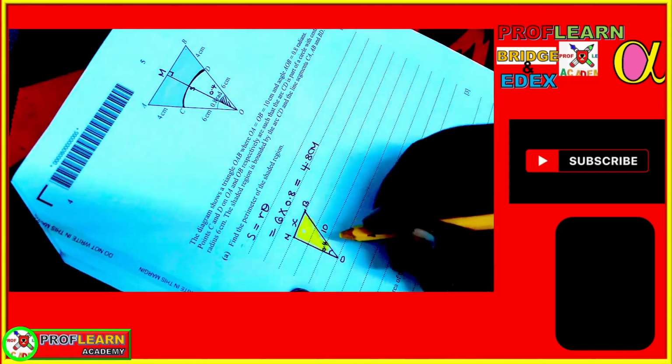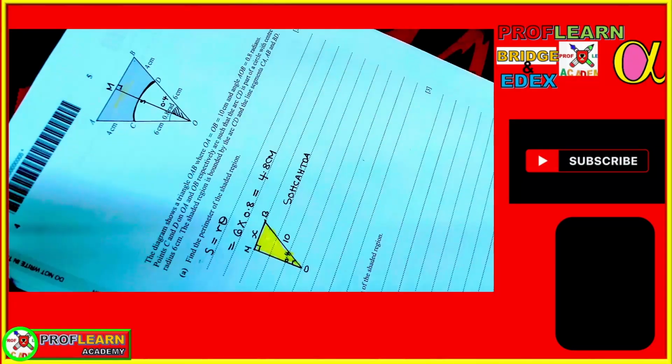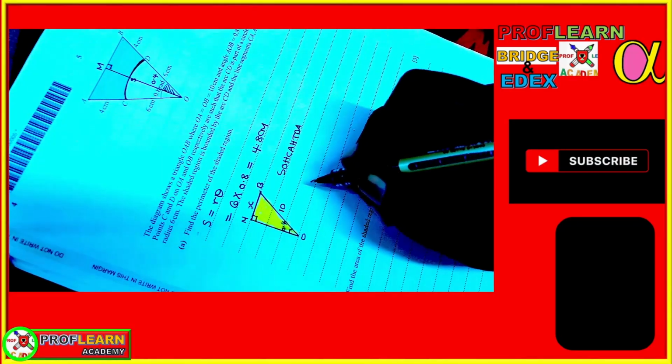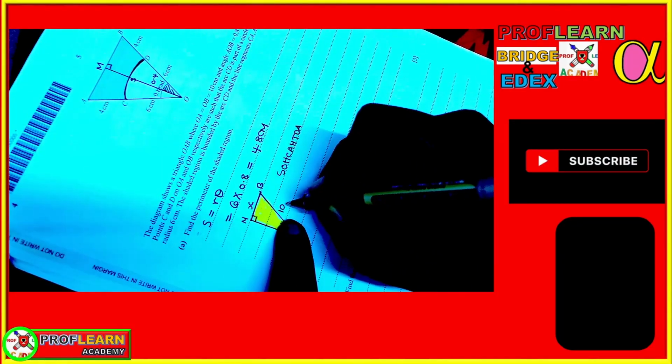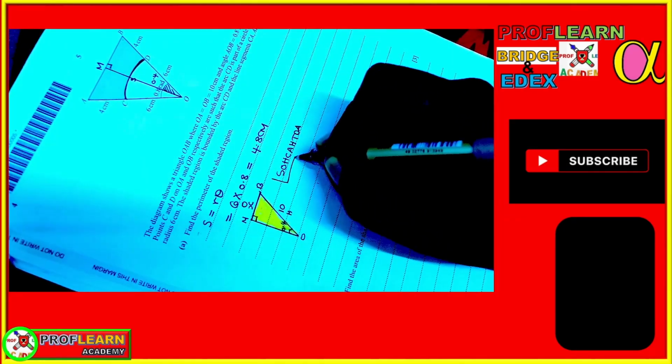I'm going to use SOHCAHTOA, because this is a right angle triangle, in order to find the unknown side. So I'll say this is hypotenuse and this is opposite. So I'll have to use sine.